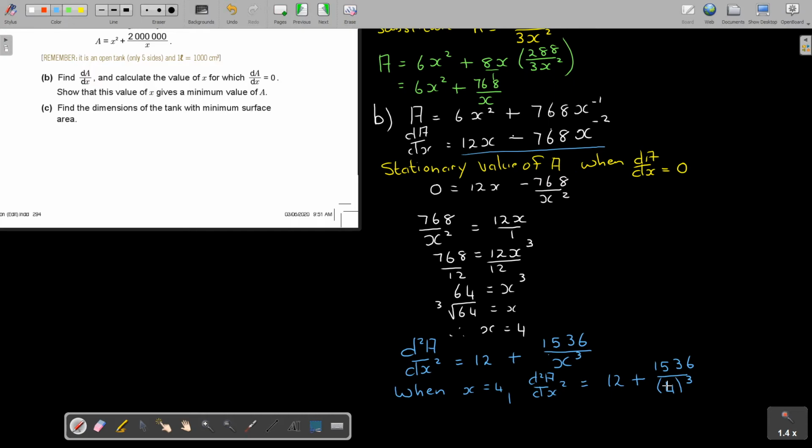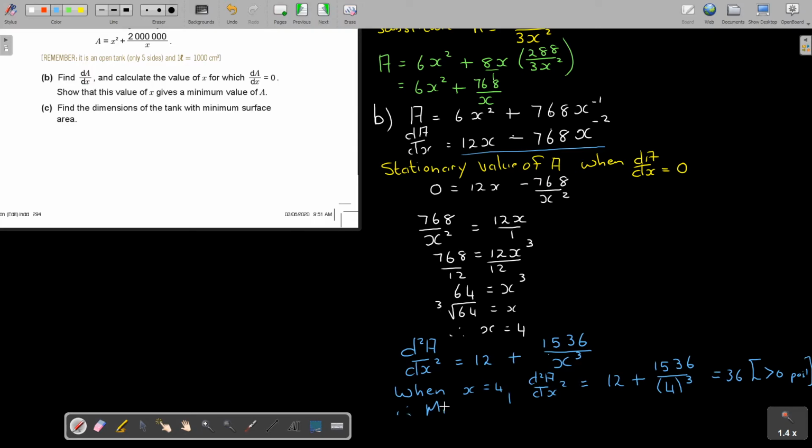So if I'm going to do that, 1,536 divide, 24 plus that 12. And that's going to be 36. And can you see that it's bigger than 0, so it's positive. So I'm going to say stationary value of A. Okay, so therefore it's a minimum.